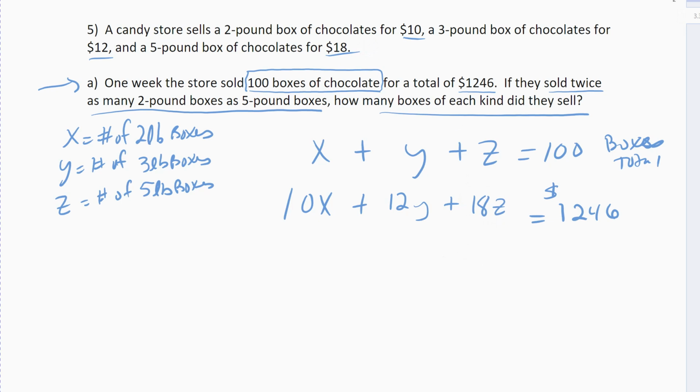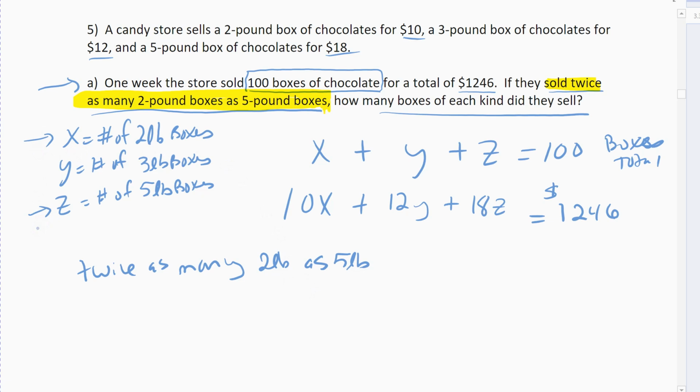The hard part is the last one. And it is hard because it's counterintuitive to the way it's read. All right, so this is the tricky part. They sold twice as many 2 pounds as 5 pounds, which means my last equation involves the 2-pound and the 5.